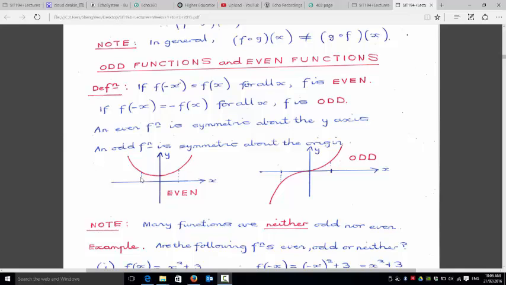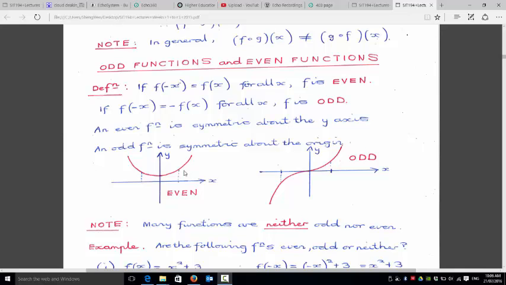You can check that given a minus x, for example here, f(-x) is equal to f(x) here.